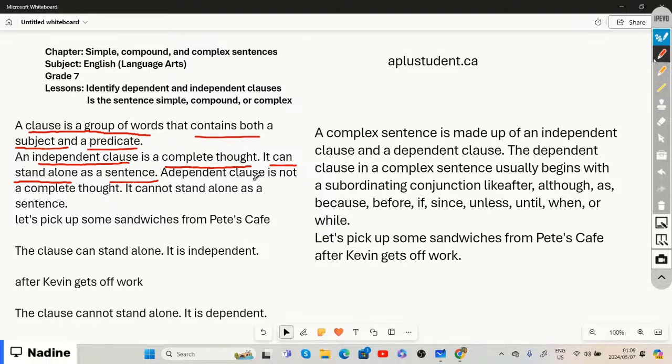Now we're going on to a dependent clause. It is not a complete thought, which means that it cannot stand alone as a sentence. An example of a dependent clause, it says, let's pick up some sandwiches from Pete's Cafe.